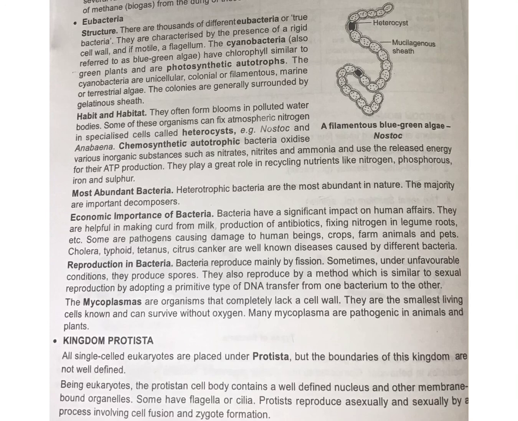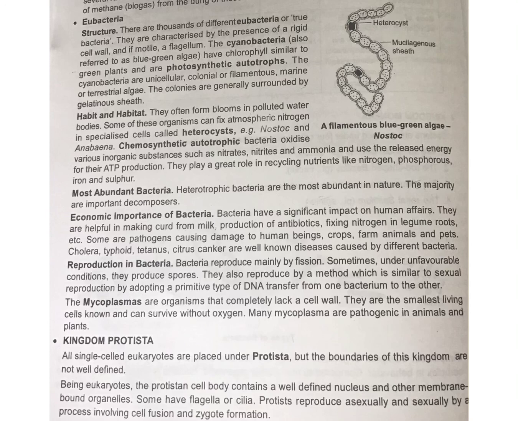But some are pathogens and they cause damage to human beings, even crops, even animals, even pet animals. Diseases like cholera, typhoid, tetanus, even citrus canker are well known, and they are caused by different types of bacteria, even TB, tuberculosis, etc. So they are pathogenic and they are harmful also.